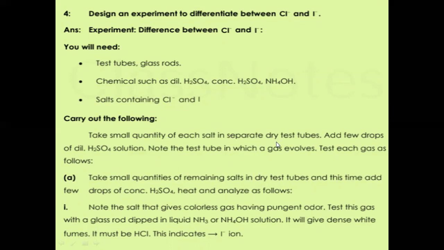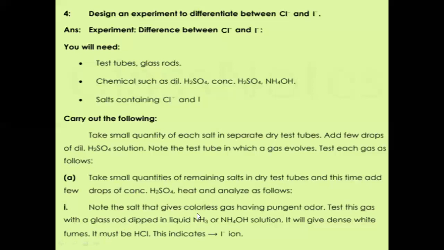If a gas evolves, test the gas, check the color of the gas, and the smell of the gas. Take a small quantity of the remaining salt in a dry test tube, and this time add a few drops of concentrated sulfuric acid. If in the first case, by adding dilute sulfuric acid, nothing happened, then add concentrated sulfuric acid to the salt in a separate test tube, and now analyze and also heat it and see what happened.